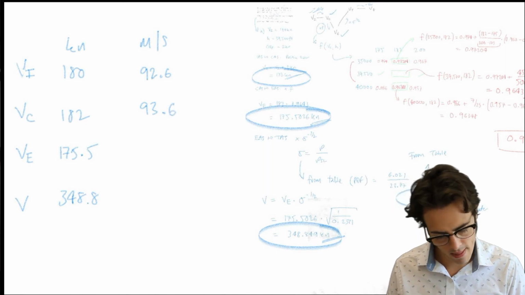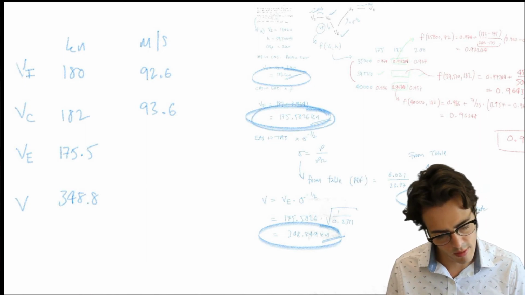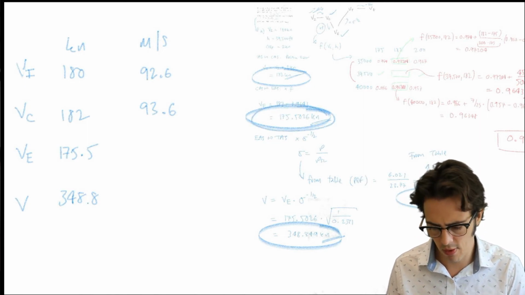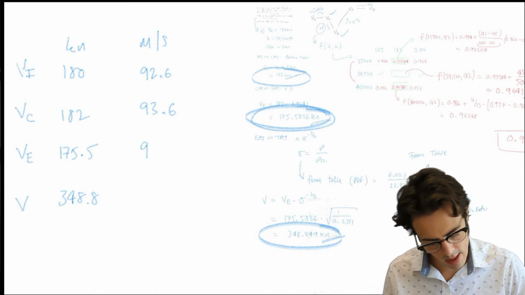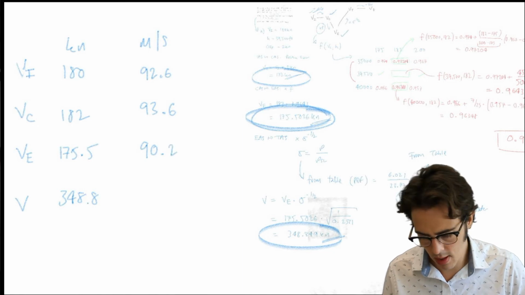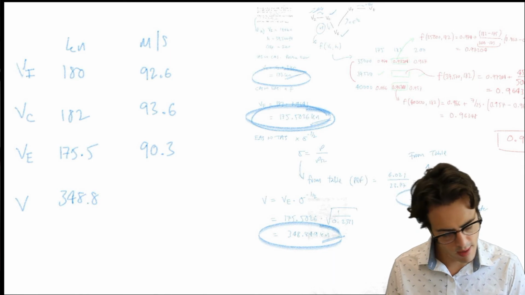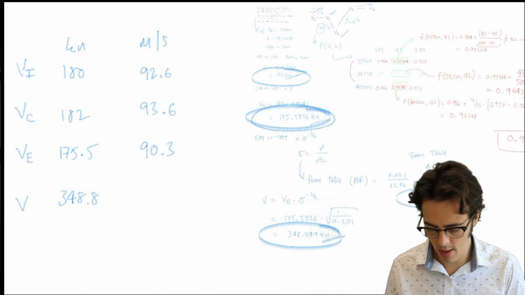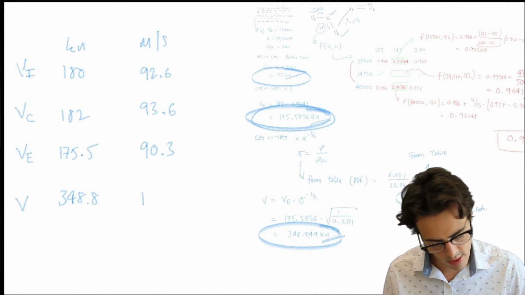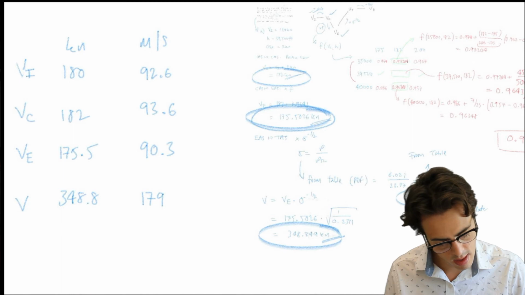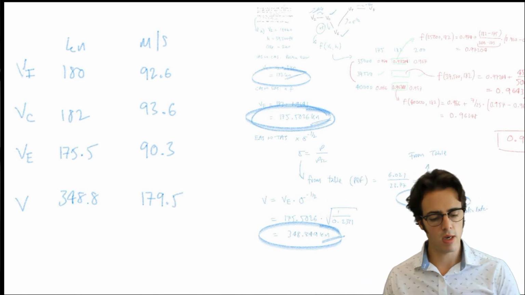Let's use this value to do the multiplication: 175.5026 times 0.514444, we get 90.3. And then 348.849 multiplied by the knots to meters per second factor gives us 179.5. So that's got the different airspeeds that we were asked to get.